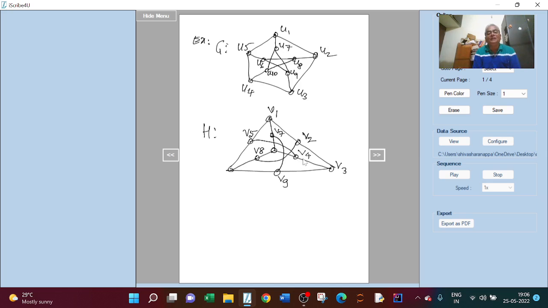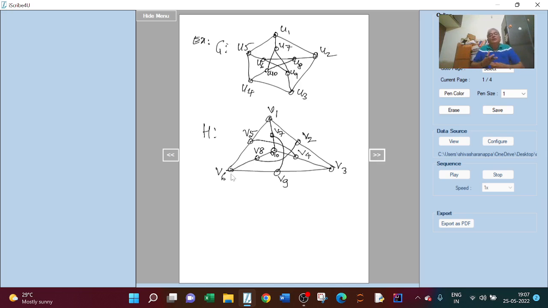So I'll take this middle vertex as V10. Only one vertex is remaining: V1, V2, V3, V4, V5 are there, V6 is not there, V7, V8, V9, V10. So I will write this vertex as V6.